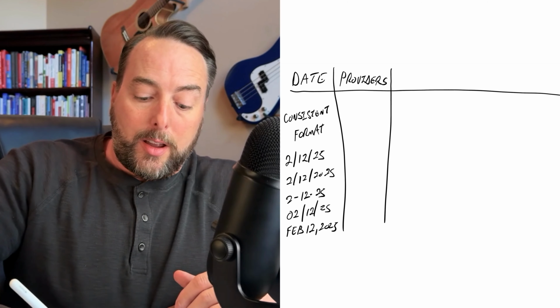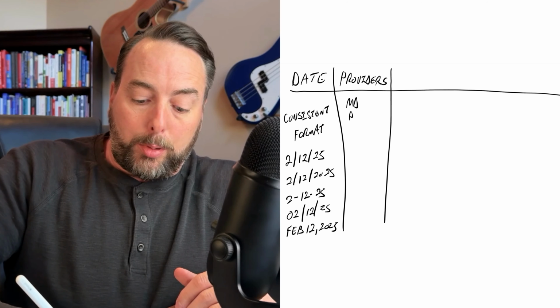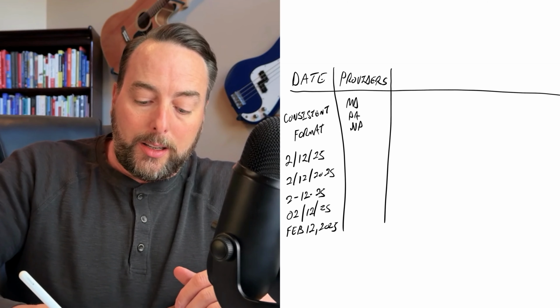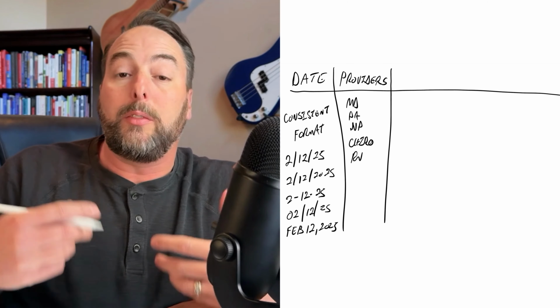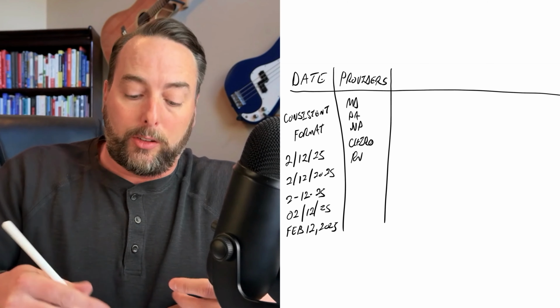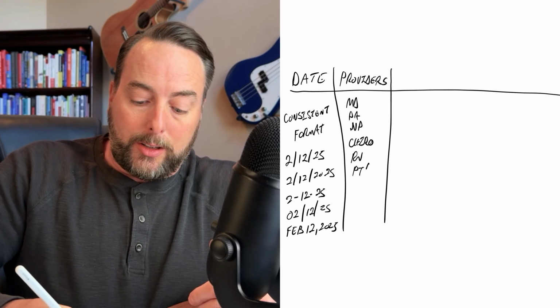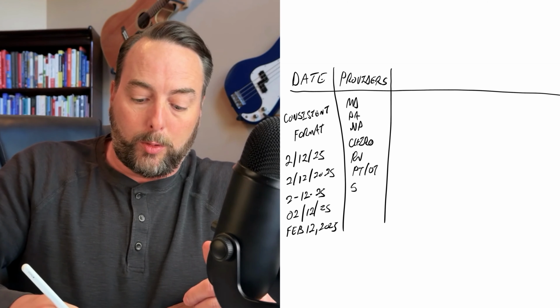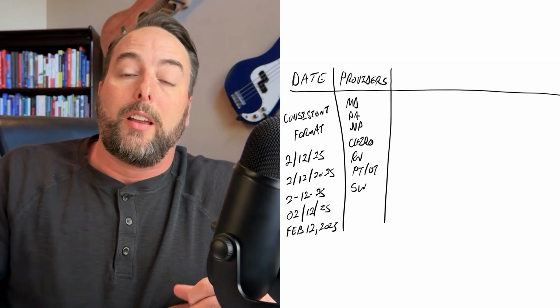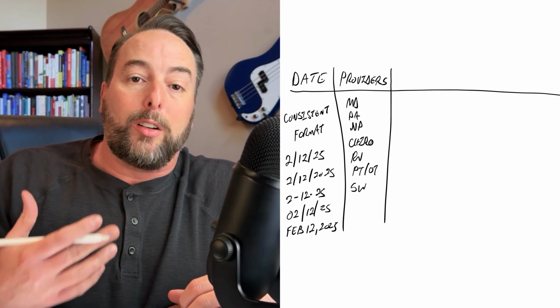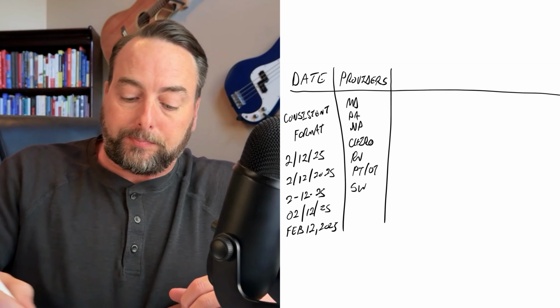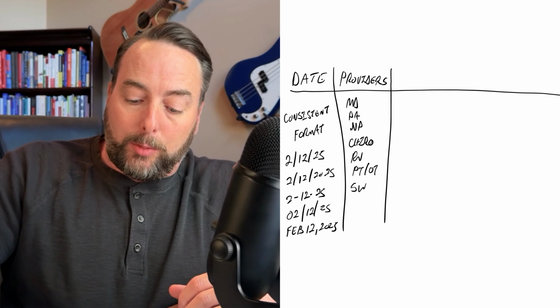And providers might be doctors, PAs, NPs, chiro, nurses. It could be anyone who took care of the patient, including things like PT, OT, or social work or wound care. And so you're going to want to identify who it was in that encounter who was taking care of the client at that time.